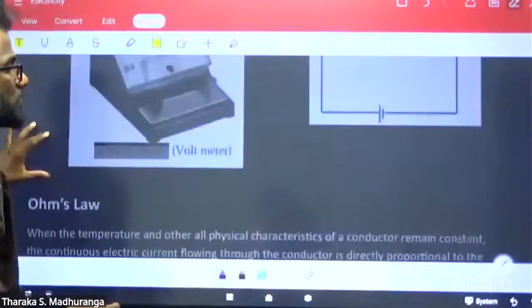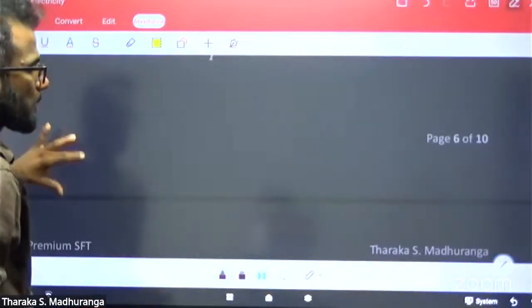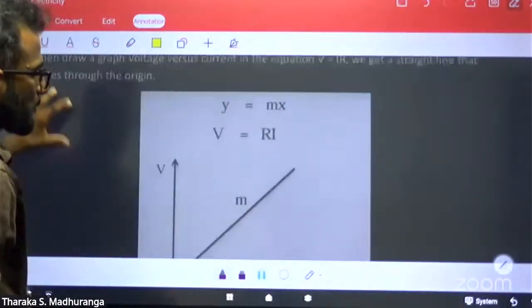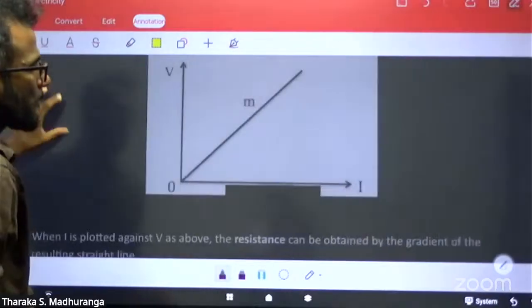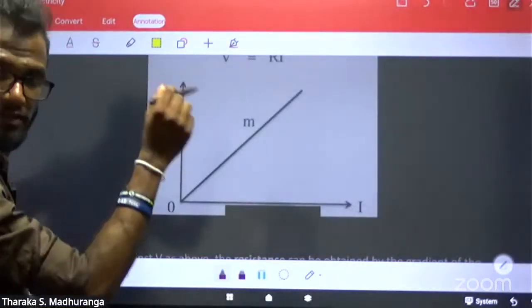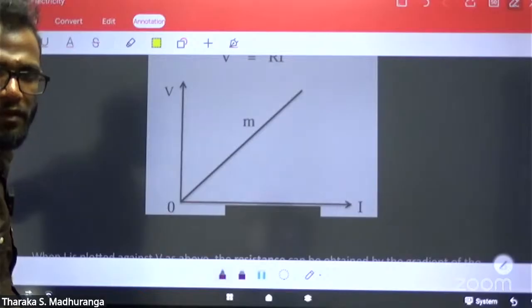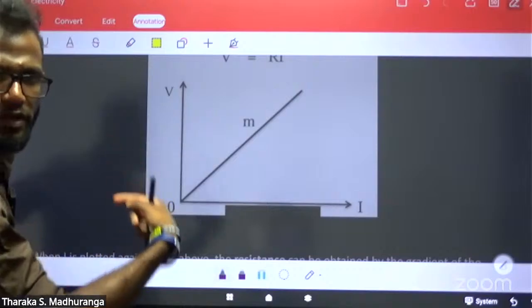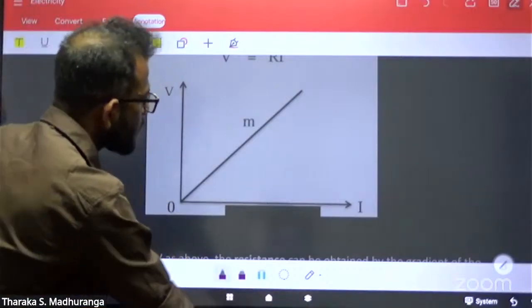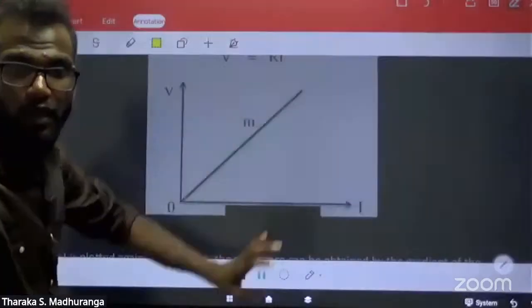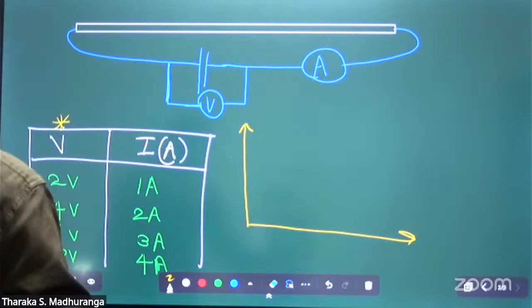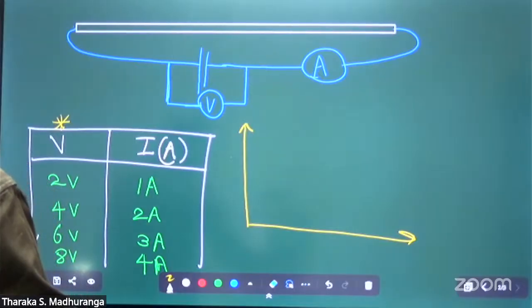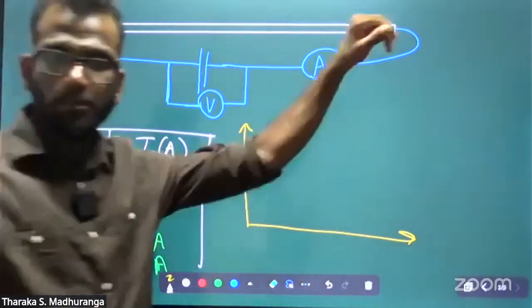Don't think about anything else, I'm asking about our experiment. In our experiment, we are changing voltage, therefore it should go on the X-axis. That depends on the experiment type.